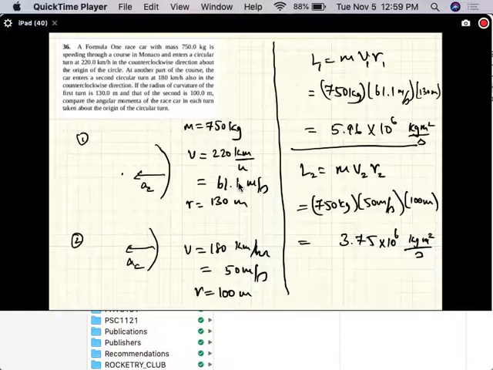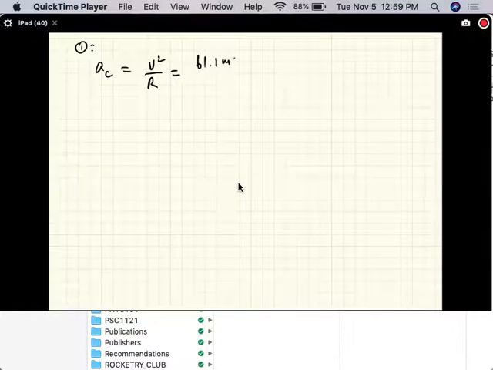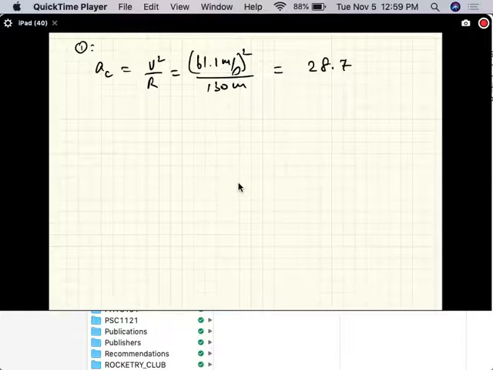All right, let's calculate the centripetal acceleration, and I'll tell you in a second why we're doing this, even though the problem doesn't ask you to do that. Centripetal acceleration around the first turn is v squared over r, 61.1 meters per second squared divided by 130 meters. So that's 28.7 meters per second squared.